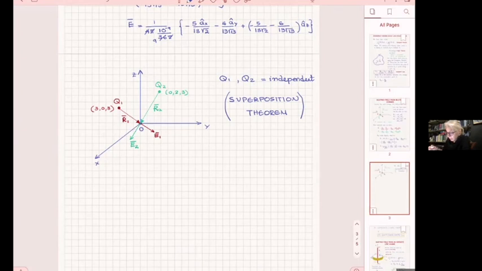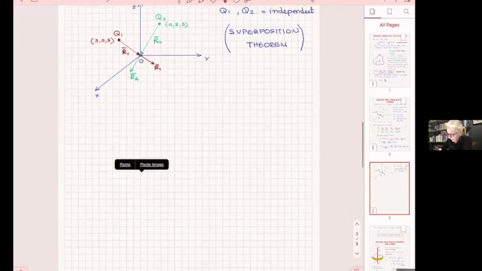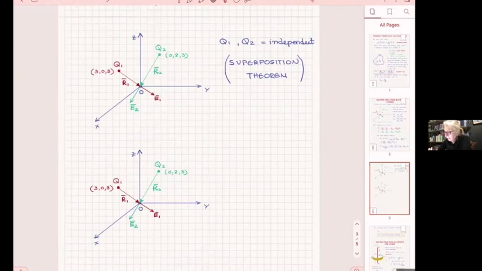So in this particular case, it would mean that I could take this, copy, and then paste it again. And then what I could do is, in the first one, eliminate the second source.